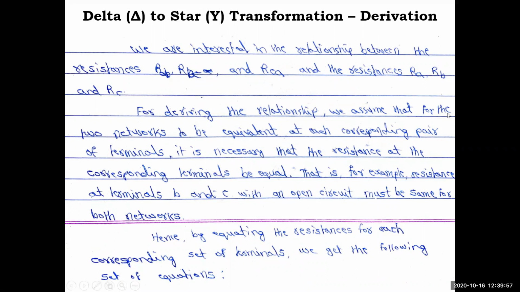In the same way, we'll assume that for the two networks to be equivalent at each corresponding pair of terminals, it is necessary that the resistance at each corresponding pair of terminals be equal. That is, for example, the resistance at terminals B and C with an open circuit must be the same for both networks.